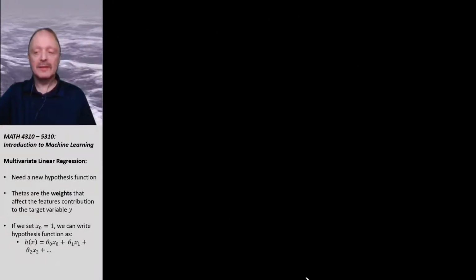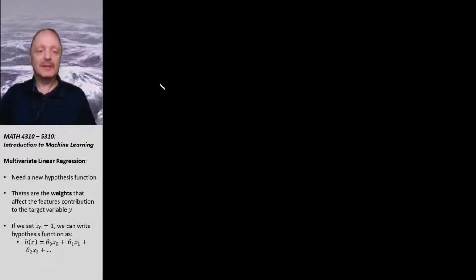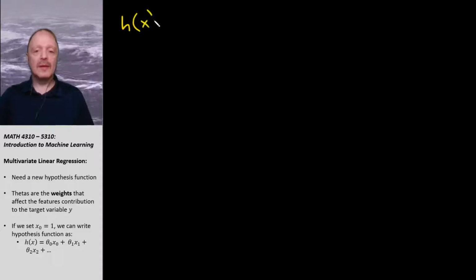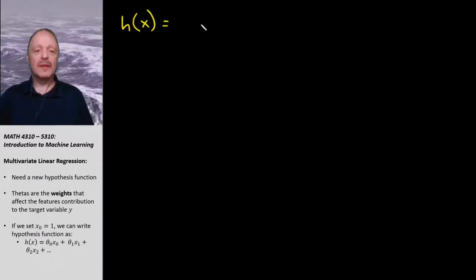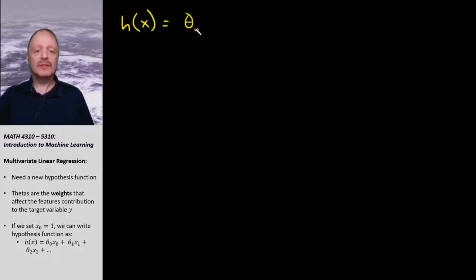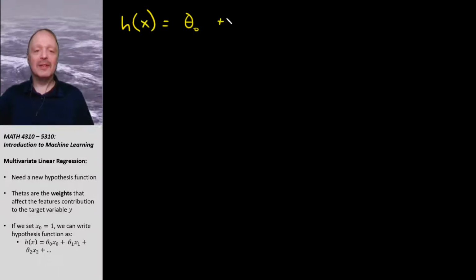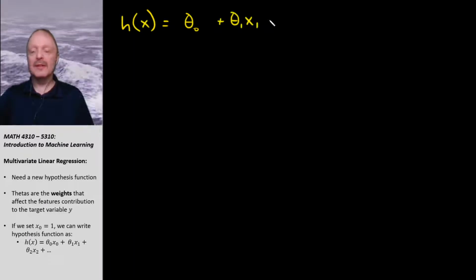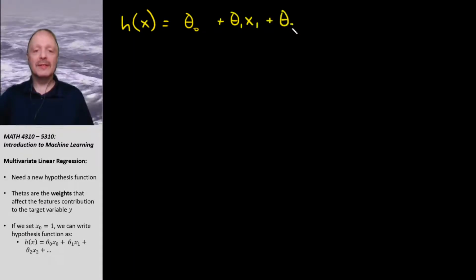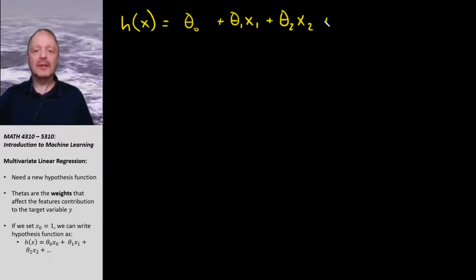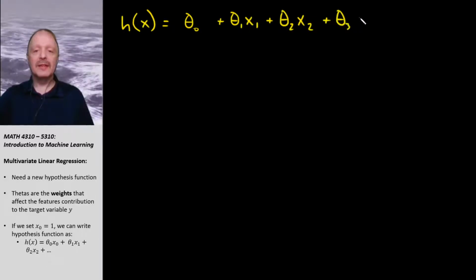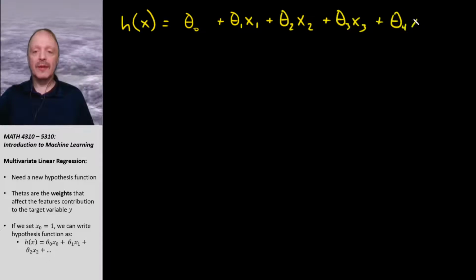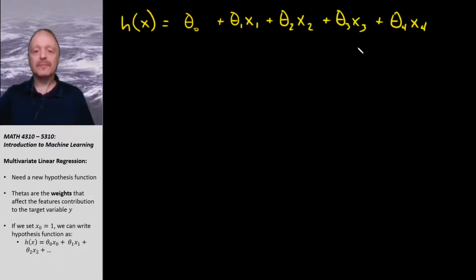Alrighty. So the new hypothesis function is going to be theta sub 0 plus theta 1 x1 plus theta 2 x2 plus theta 3 x3 plus theta 4 x4.